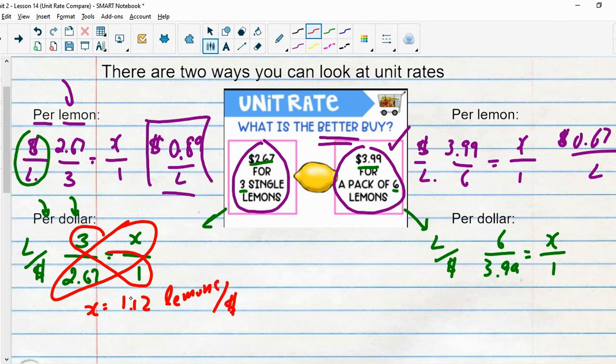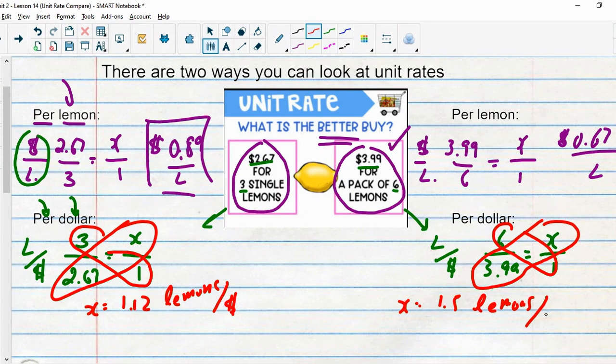I know it's silly to get 1.12 lemons, but we're dealing with math and decimals. Now, on the other side, if I do 6 divided by 3.99, that's 1.5. So this is 1.5 what? Lemons for every dollar we spend.